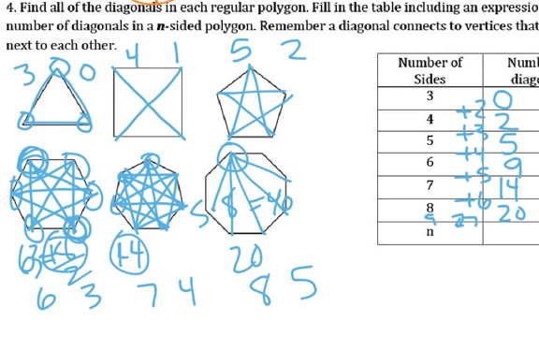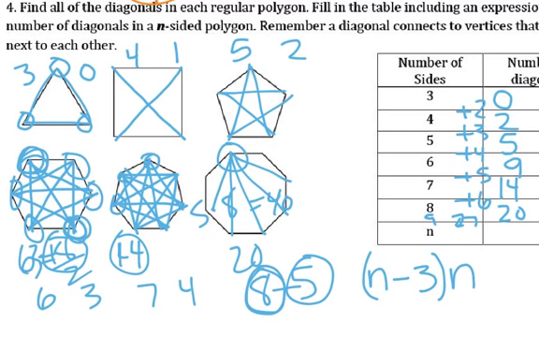The number of sides, essentially minus 3, right? 8 minus 5 is 3, 7 minus 4 is 3, 6 minus 3 is 3, 5 minus 2 is 3. So we've got n minus 3. Now what's that going to tell us? That'll tell us how many we get for each vertex, and then we multiply that by the number of sides, and then we divide all that by 2.